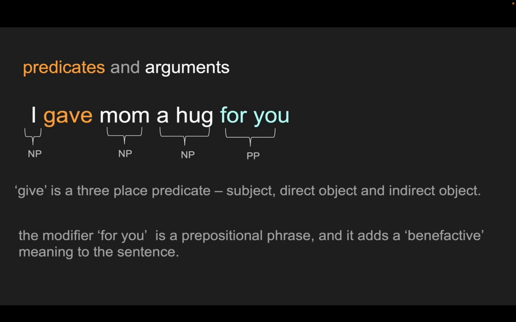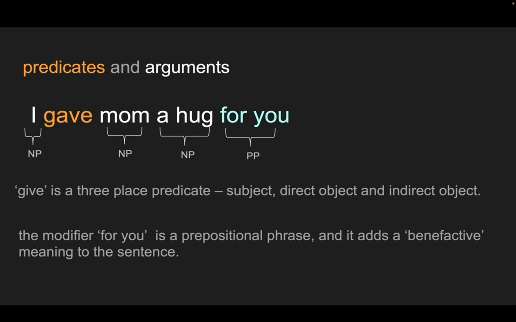Right? That's how I have to do it. This is really a modifier. It's not an argument of give, it's extra information. It adds, and linguists will name this kind of meaning a benefactive. You've built out a sentence where the meaning of the sentence includes that you're doing the predicate on behalf of or to benefit somebody, right?